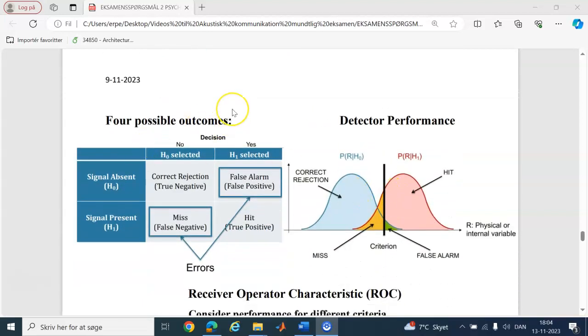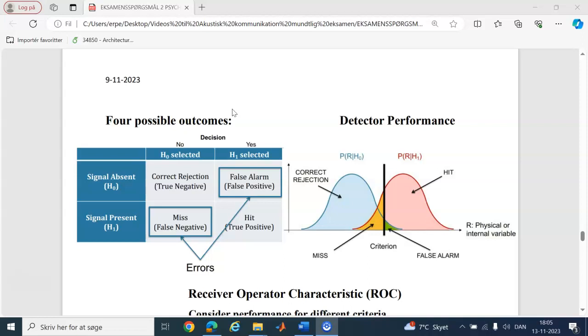Then we have four possible outcomes. First, if signal is absent, we have H0, and we select H0. Then we have a correct rejection, or true negative.